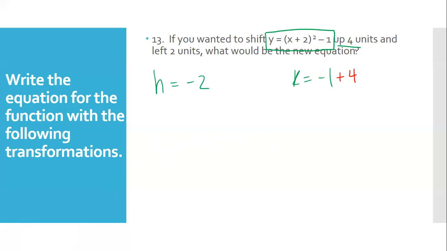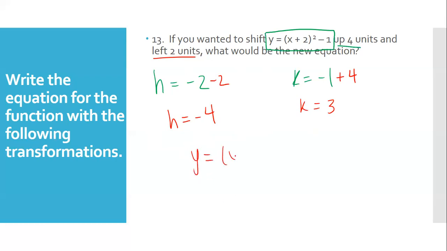And then left 2 units. So if I want to go left 2 units, what do I want to do to my h value? I want to subtract 2 from it. So what would my new h and k be? Negative 4 and 3. So I plug them in.